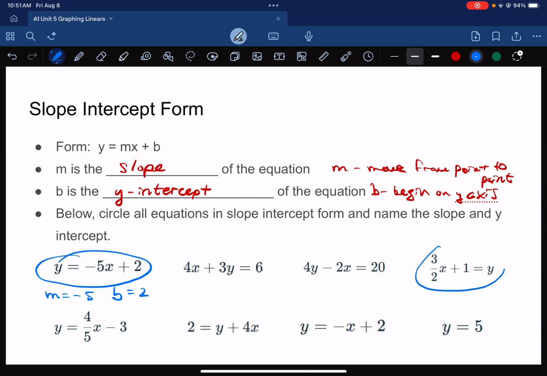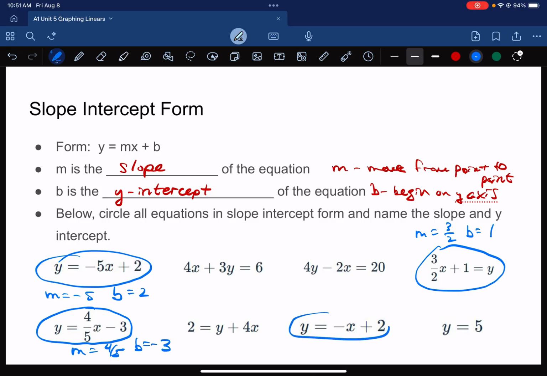So here's another one here. I know the y equals is on the right side, but it's still slope-intercept form. Okay, so the slope is the 3/2, and the y-intercept is the 1. And here's another one. Slope is 4/5, and the y-intercept is -3.